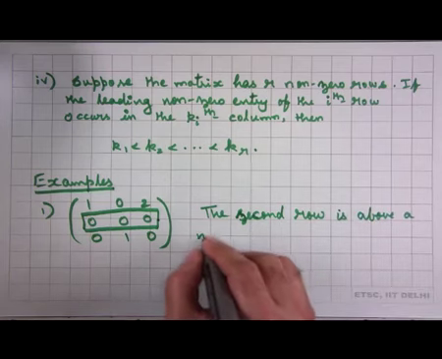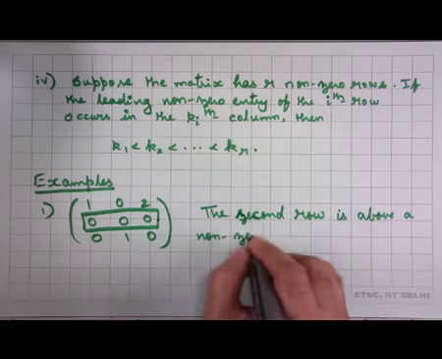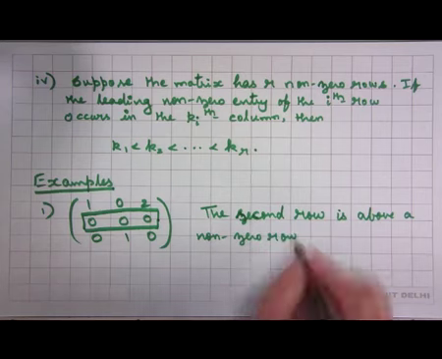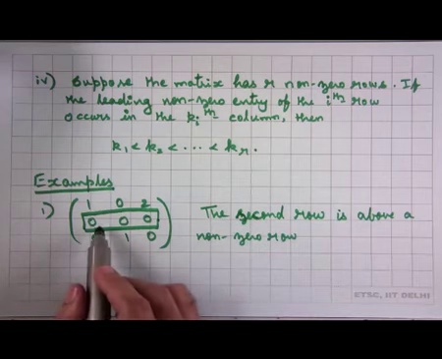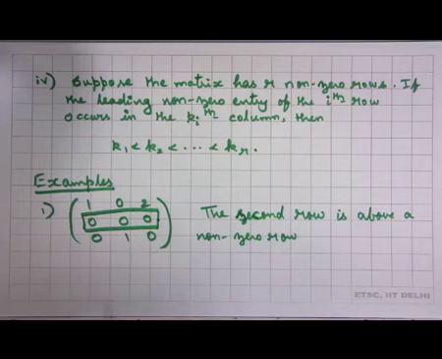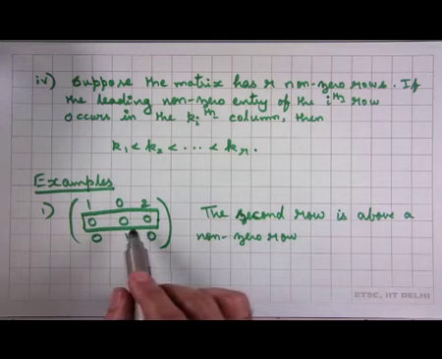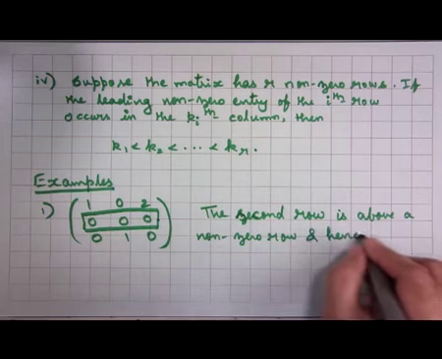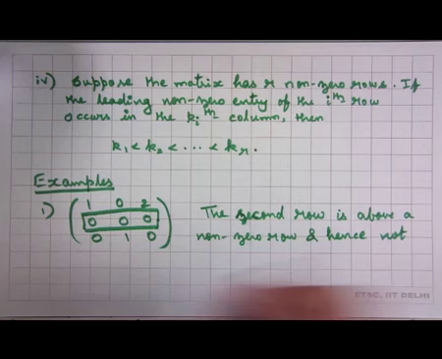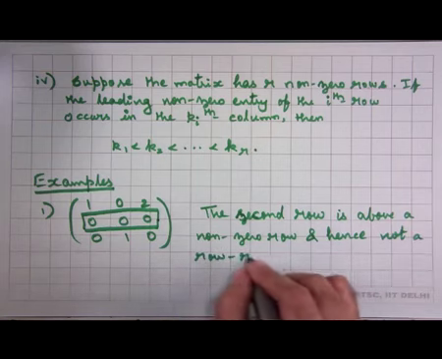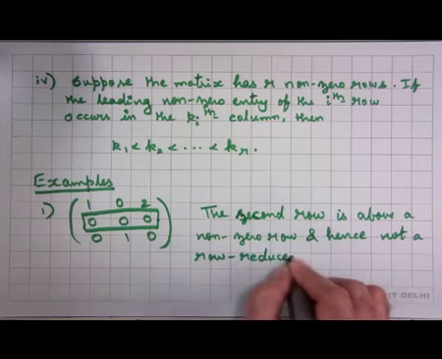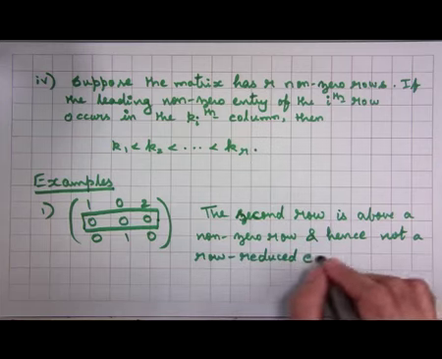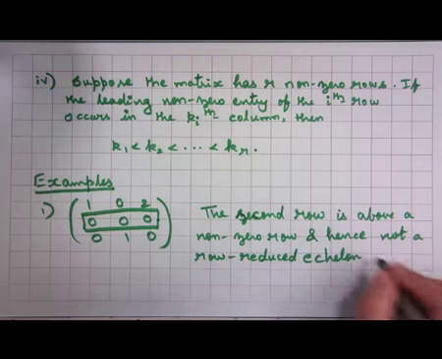The third row is non-zero, and because what we want is that every 0 row should be below every non-zero row, and the second row, which is a 0 row, is above a non-zero row, hence it is not a row reduced echelon matrix.